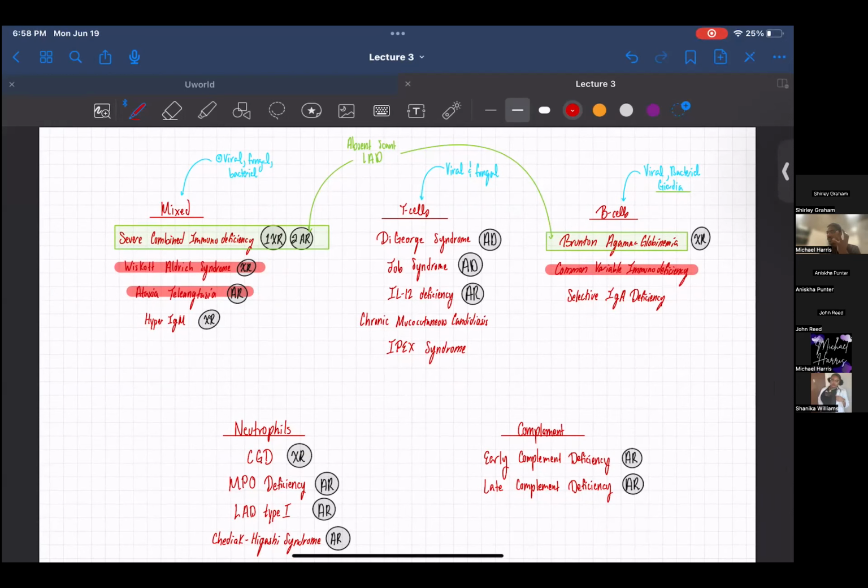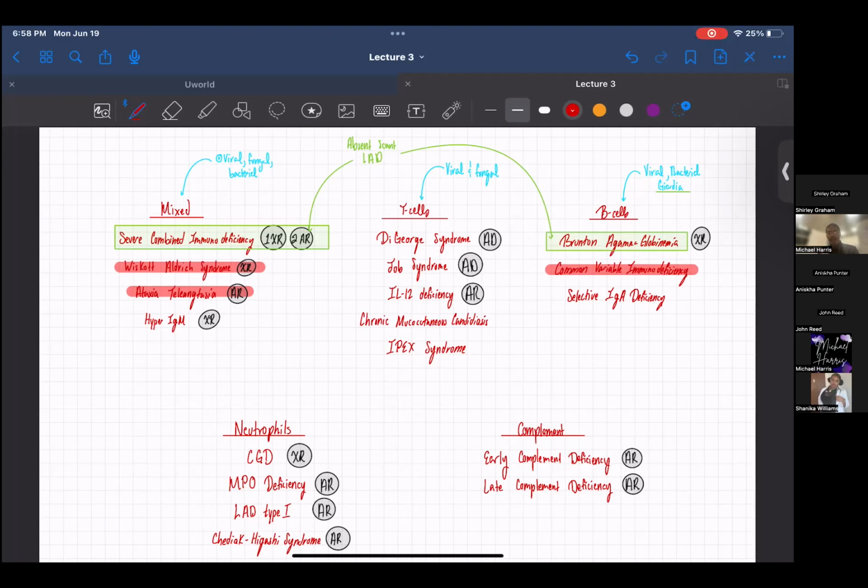T cells. You already know their function, right? You have T helper cells, you have CD8 cells. CD8 cells are very good for killing viruses. Th17 cells are very important for bringing in neutrophils, and Th1 cells are very important for activating macrophages to eat things properly.